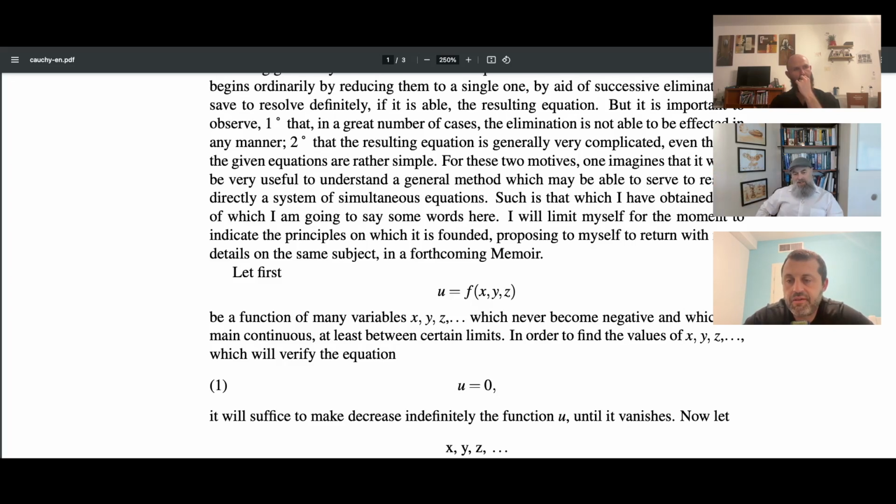We want to find the values for x, y, z for u to be zero, and that is what we do, I guess, when we have a loss function and we try to minimize it. So basically, okay, so that's already the solution.